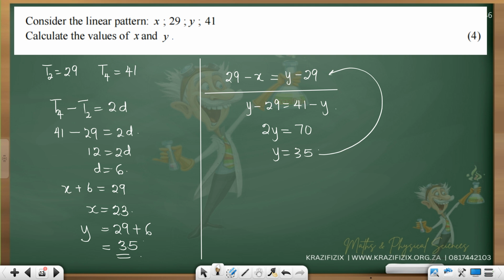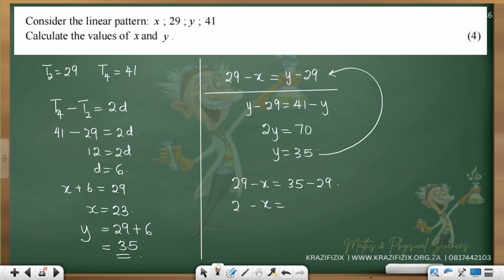Then you can bring that back in here. 29 minus x is 35 minus 29. Will this work? Yep. 29 minus x is, yeah.